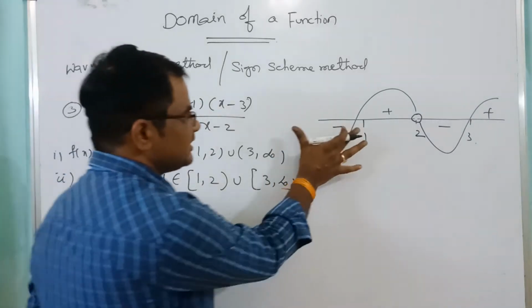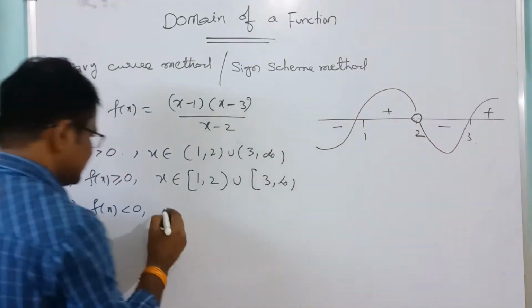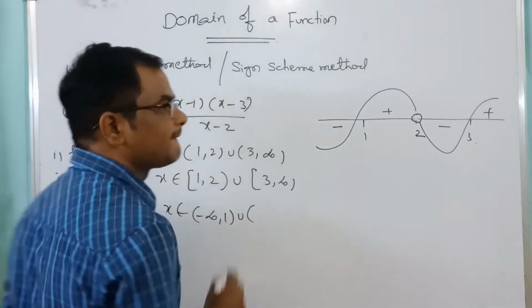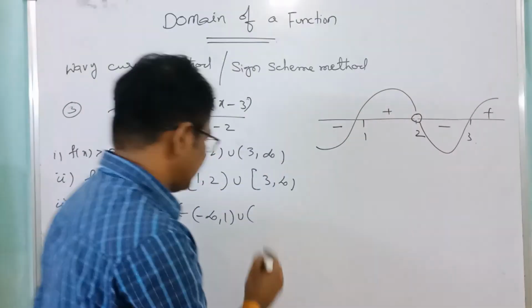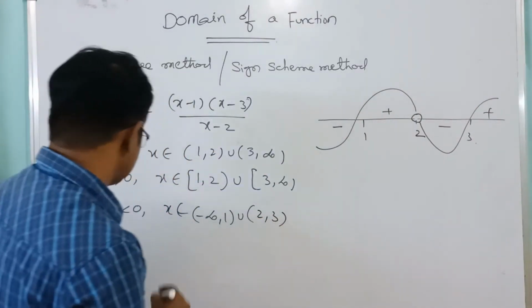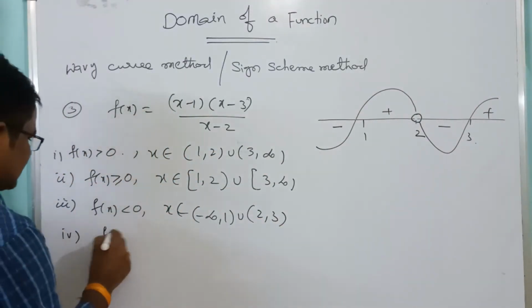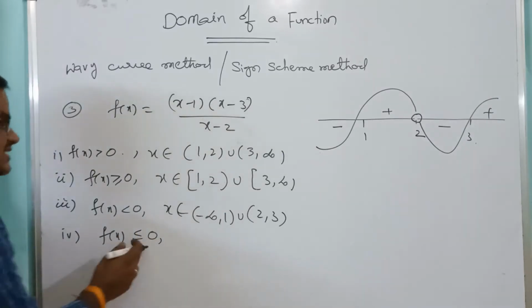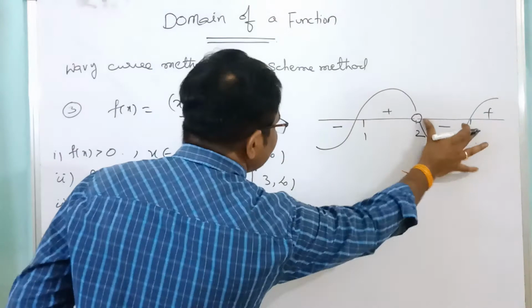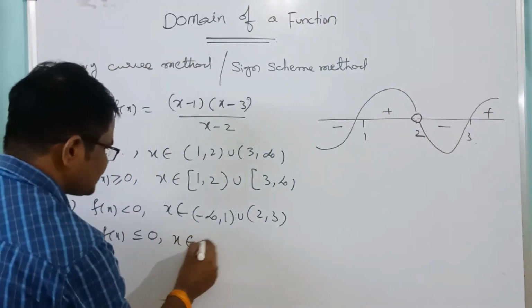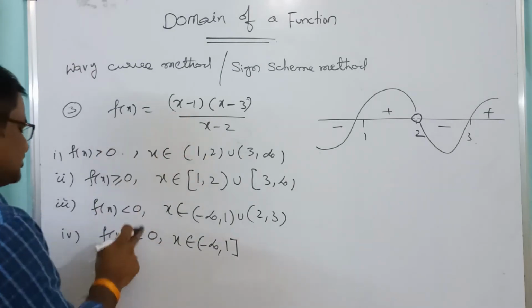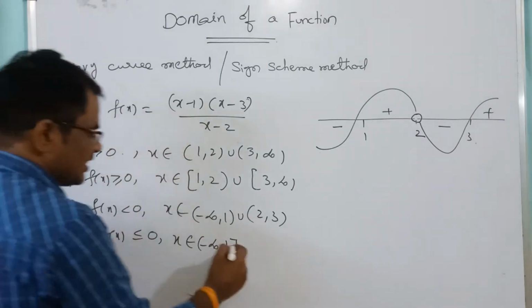Where it is negative, here negative and here negative, x belongs to minus infinity to 1 union 2 to 3. Next, fourth one, f of x is less than or equal to 0. When it is negative, here and here, same regions, x belongs to minus infinity to closed interval 1, because at x equal to 1 this function is 0, that value also we have to take.